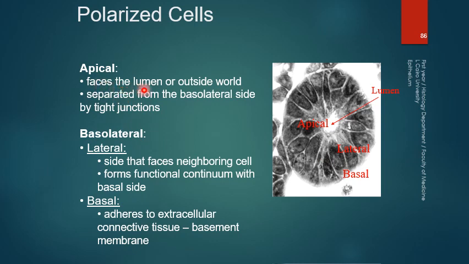The apical faces the lumen or the outside world, separated from the basolateral side by tight junctions. The basolateral faces neighboring cells, and the basal adheres to the extracellular connective tissue basement membrane.